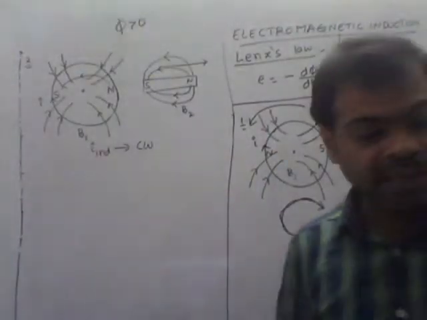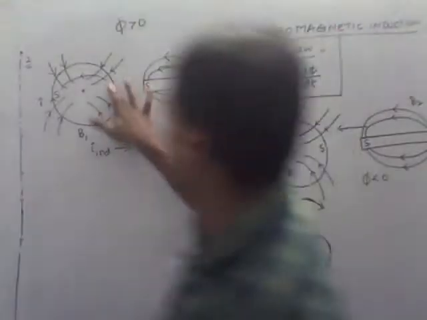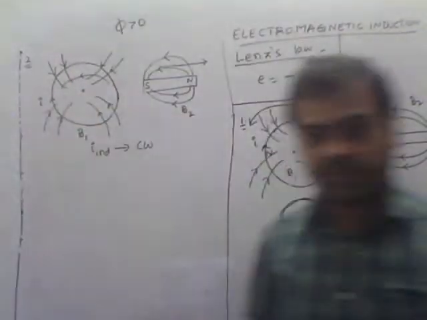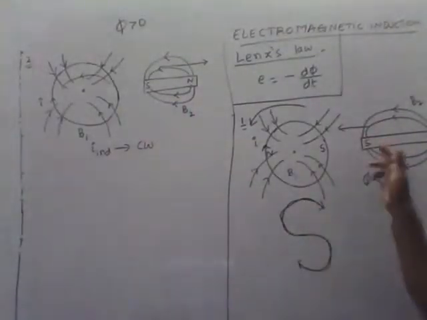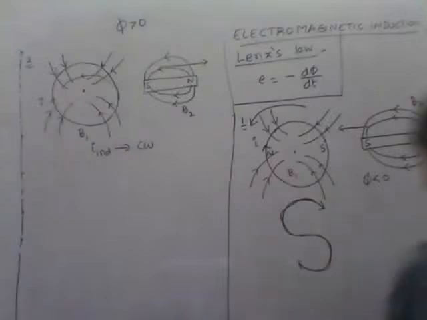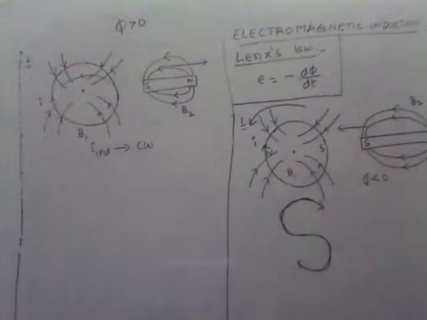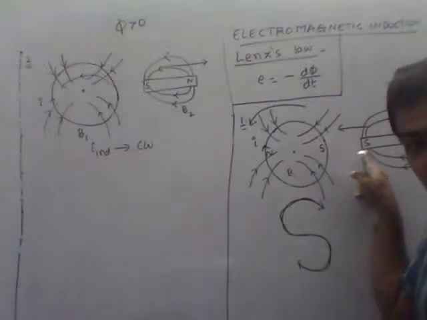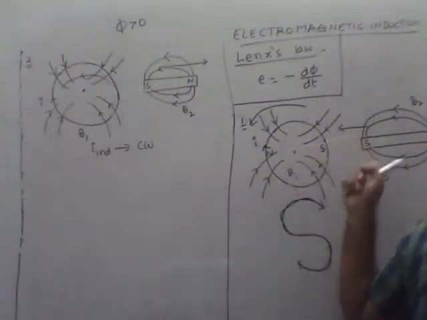How does the coil change? See, whenever the magnet is moving towards the coil, what will happen? Here at this end we are having the south pole. So this coil must repel the magnet.